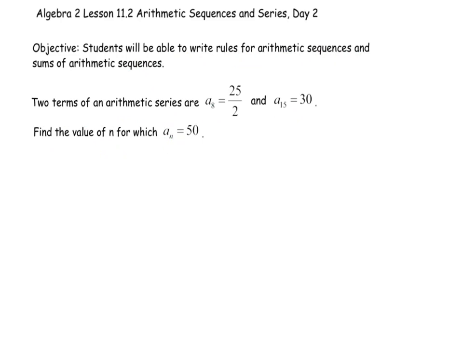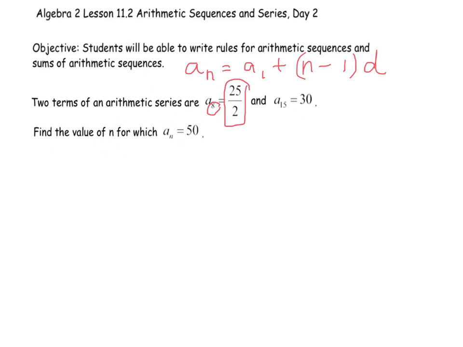So the first thing we are going to do is write the rule in general terms, which is an equals a1 plus n minus 1 times d. So the first given value I have is A8, where n is going to be 8 and an is going to be 25 over 2.